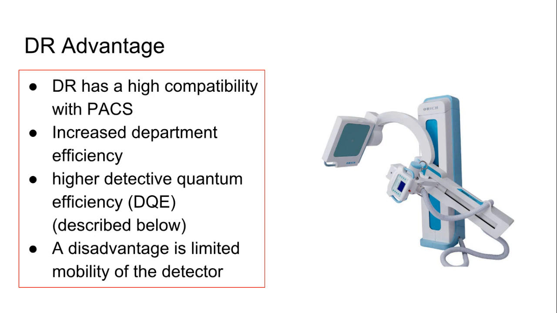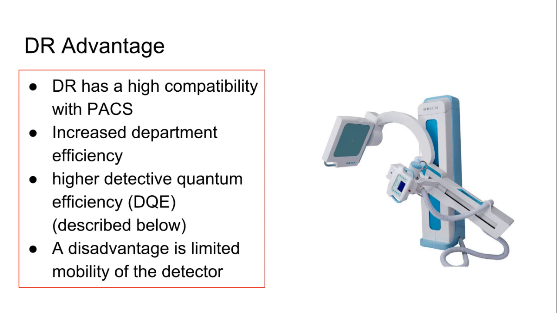However, there are increased department efficiencies because you no longer have a plate reader, right? Images show up directly on a monitor that is generally in front of you, so it's very fast. The compatibility with PACS can be helpful in terms of getting your patient information from a work list that just kind of shows up on one of your monitors, allowing you to double click on the patient versus entering the data, which you might have with a CR cassette.